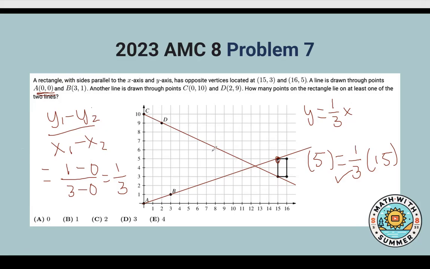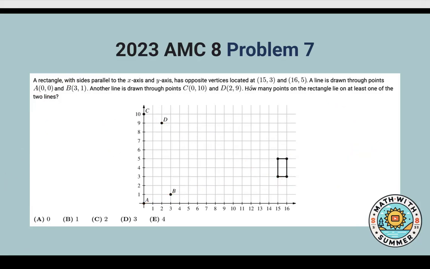Now let's look at CD. So let's get rid of all of this and find the line equation for CD. CD starts here and goes down here, and we can also find the slope pretty easily. So again, slope is y1 minus y2 over x1 minus x2.